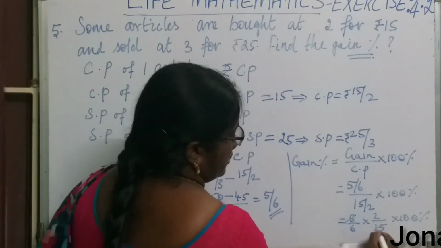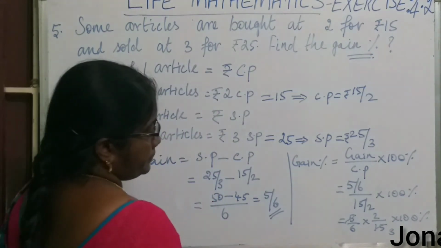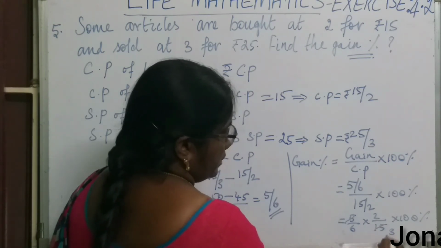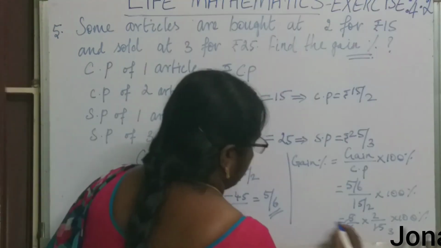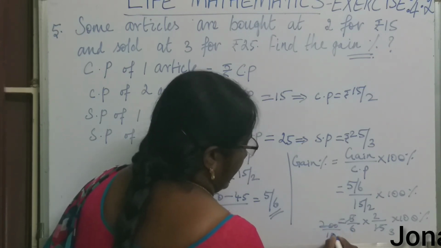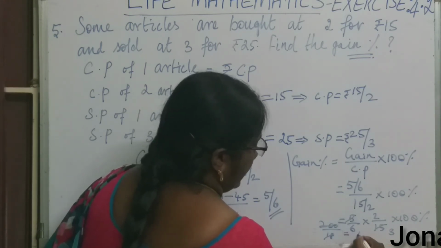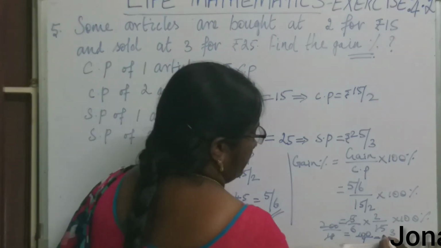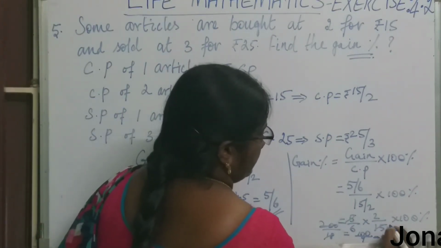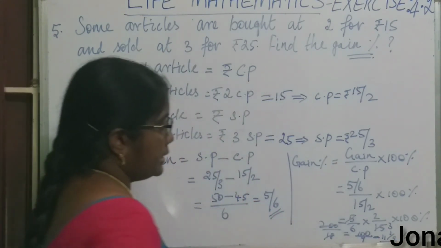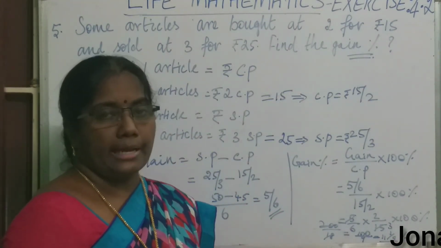We can reduce by 3 and then we have 200 divided by 18, which is 200 by 18. We can cancel this as 100 by 9, which is nothing but 11 1 by 9 percent. So your answer is 11 1 by 9 percent.